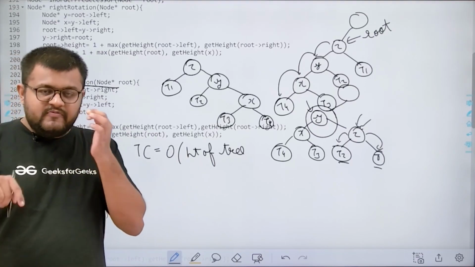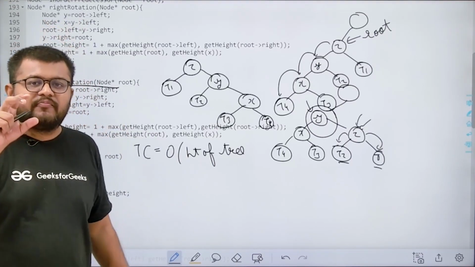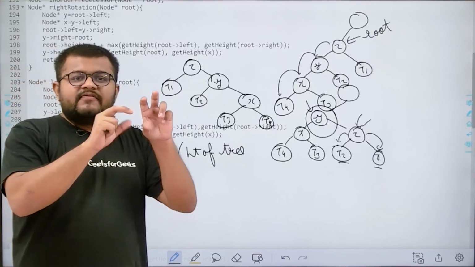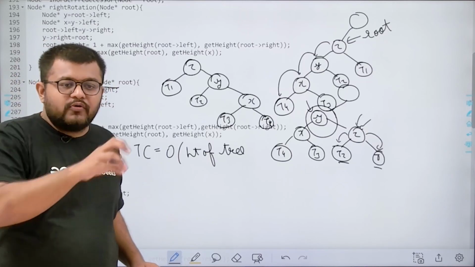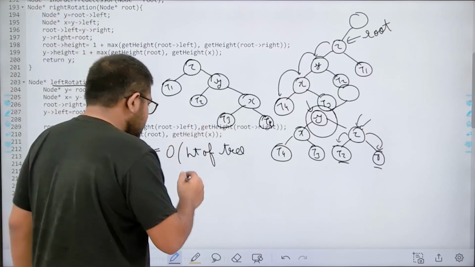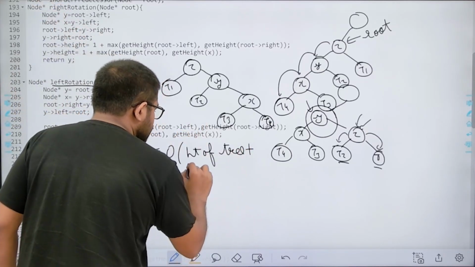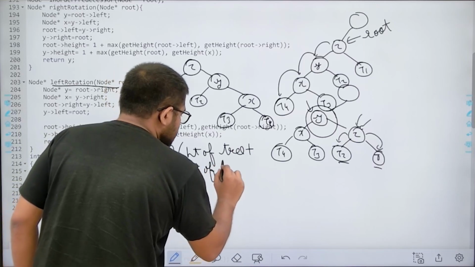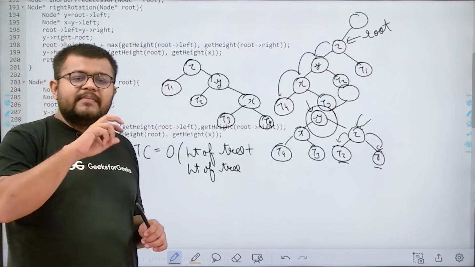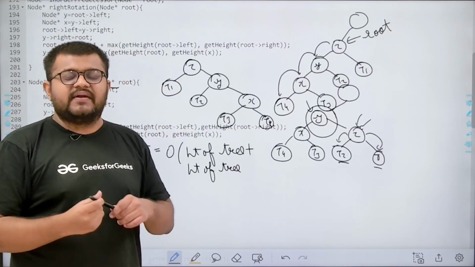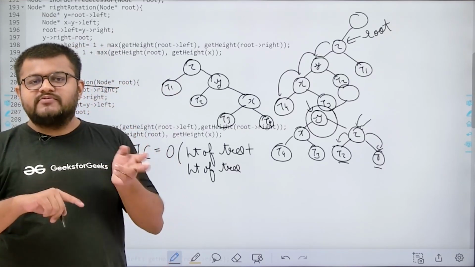Then we will backtrack, and at each step we will check the balancing factor of each ancestor node. So again we will go from leaf node to the root node. So again we will traverse how much? Height of tree, right? But we will do rebalancing also wherever required. Rebalancing takes how many steps? 1 or 2 steps.